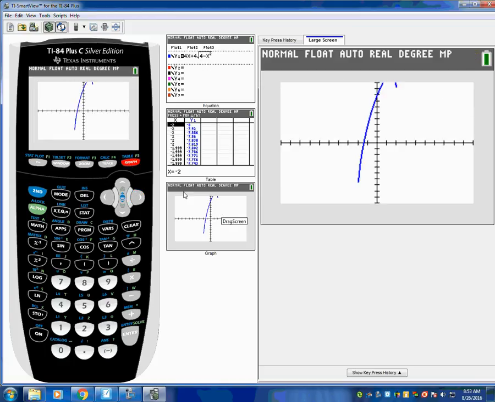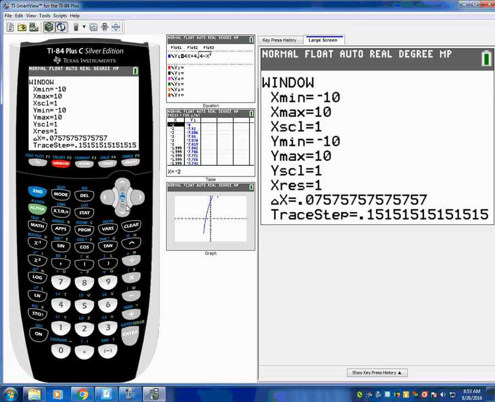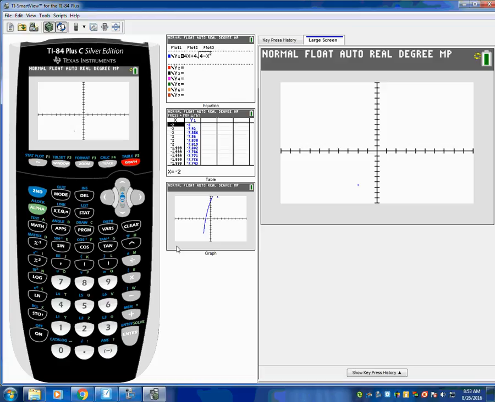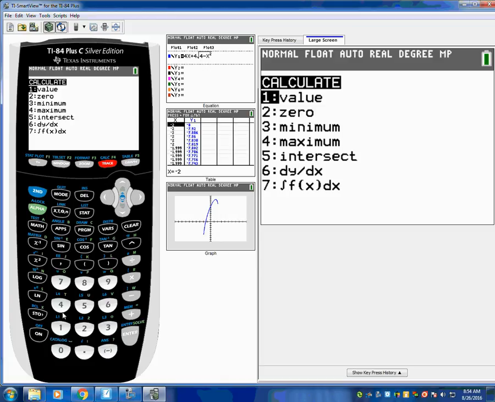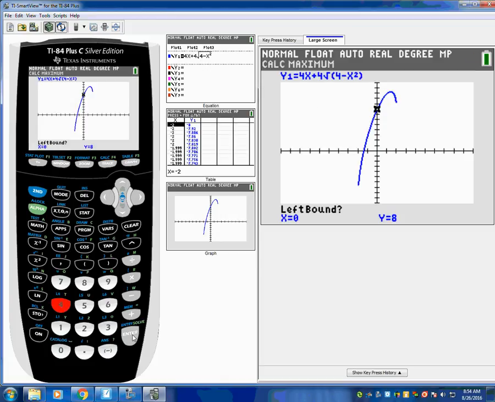Went off the screen a little bit. If I go to window, you can change your Y max, make it a little higher perhaps. Perhaps we go up to 13 and graph it again. Okay, that worked. So it looks like it is a max we're going to find here. So we can hit second, calculate, and number 4. Left bound.